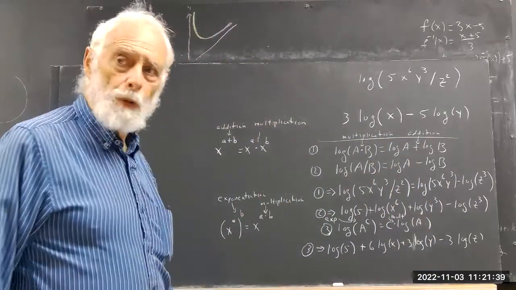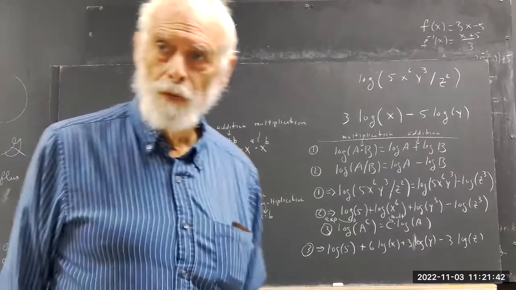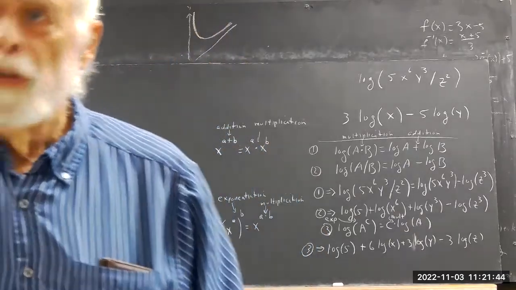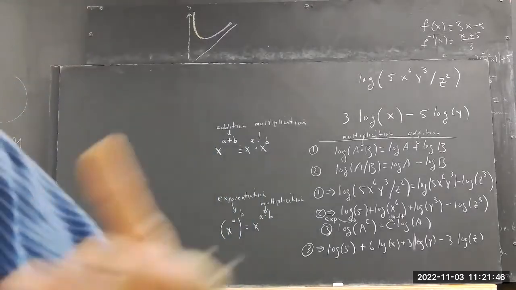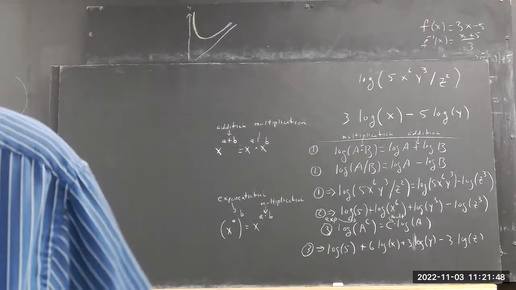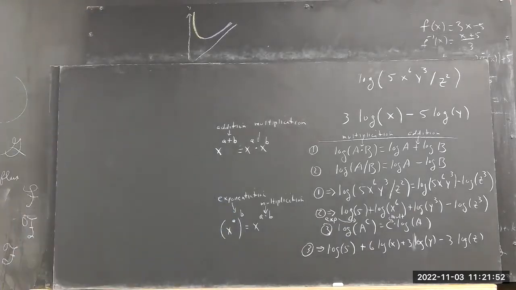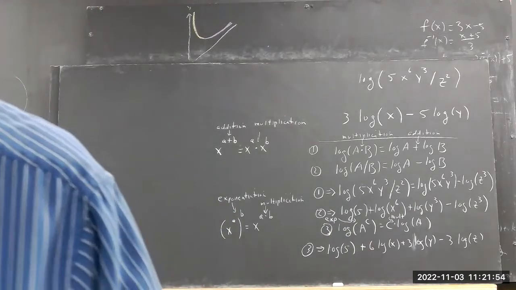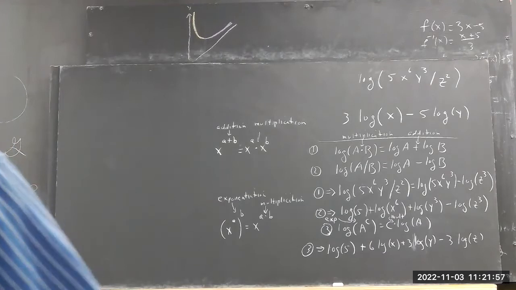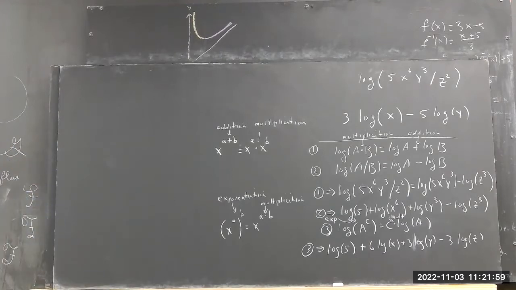I'm not going to say too much more about that, but I just want you to be aware that these rules don't come out of the sky on a stone tablet. They follow very simply from the rules of exponents, which follow very simply from a few examples. So it's best if you understand the rules and where they come from.